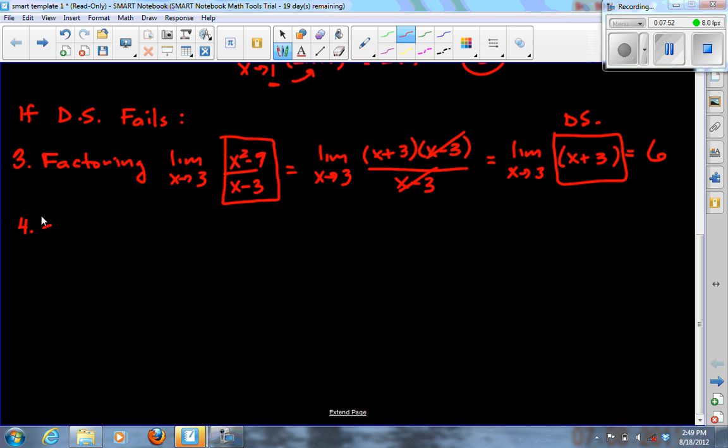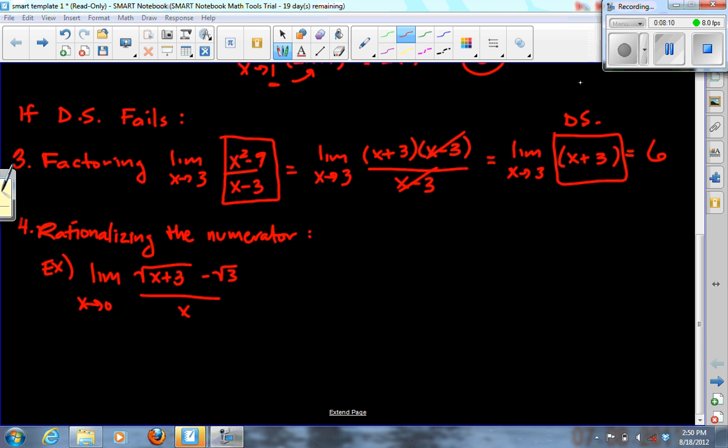So the fourth method is called rationalizing the numerator. And this is the longest method that involves algebra. So let me write an example. If I try to direct substitute, which is the first thing you always want to try, I'm going to stick in a 0 here and here, and I would have the square root of 3 minus the square root of 3 all over 0.